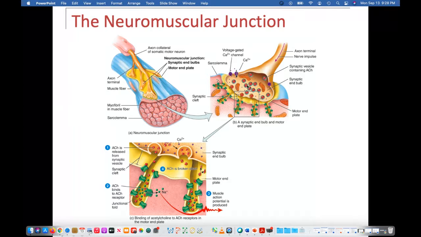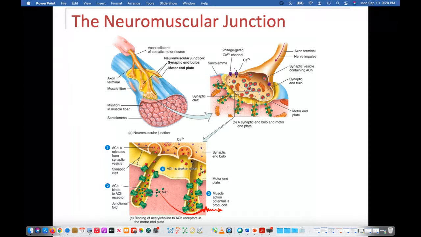We have these neurotransmitters, the acetylcholine, but something has to tell the acetylcholine to move to the end of the neuron, or the end of the axon, to release that neurotransmitter. And when it releases the neurotransmitter, it's going to be floating around in this gap right here in this space.